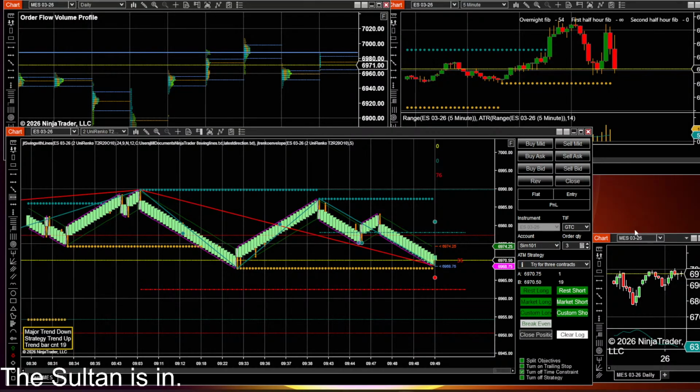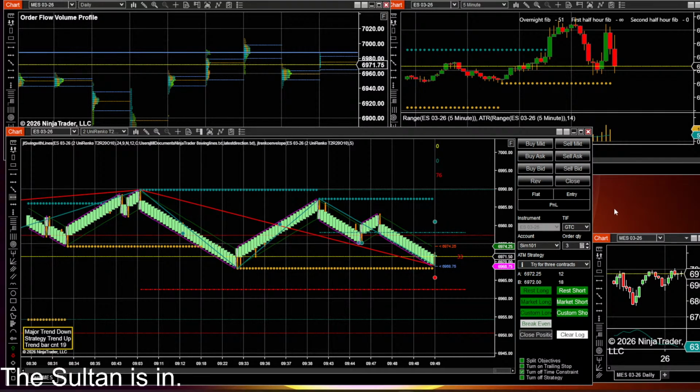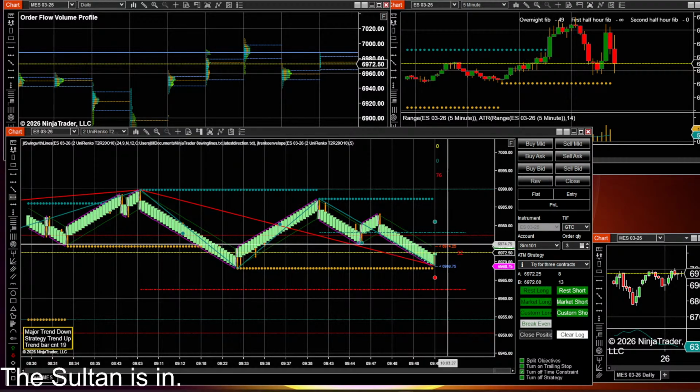So if you're short, this is a good spot to take profits, at least some of them. You don't have to sell them all, but as long as this candle hasn't formed.